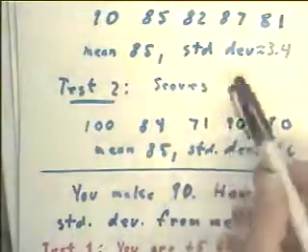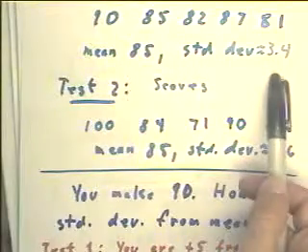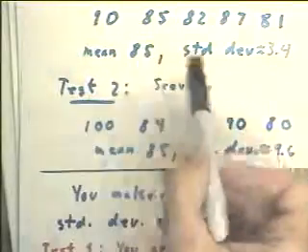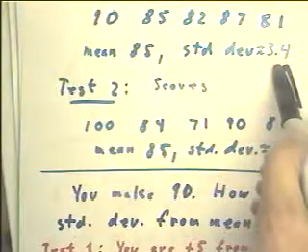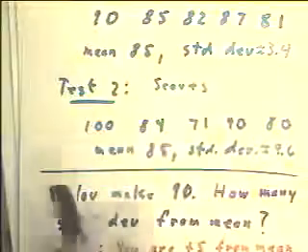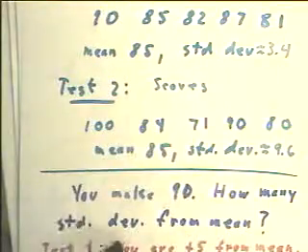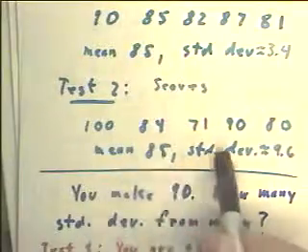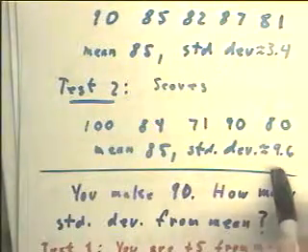Okay, well, in the first one, standard deviation is 3.4, and you're 5 away from the mean. You were 5 points better than the mean when the standard deviation is 3.4, so you're more than one standard deviation from the mean here. Whereas, in this case, being 5 points again from the mean, you're less than a standard deviation from the mean.